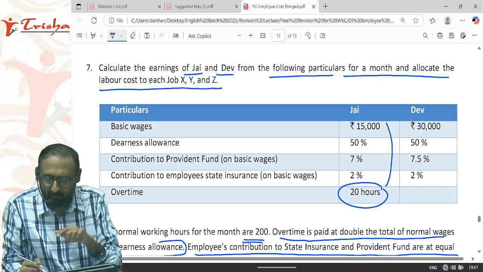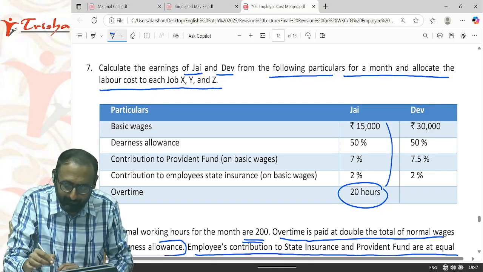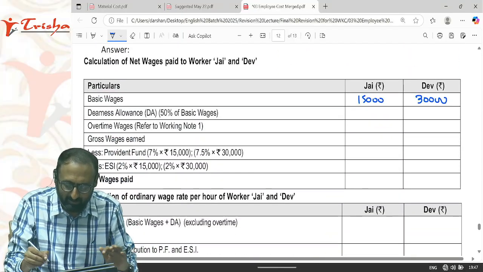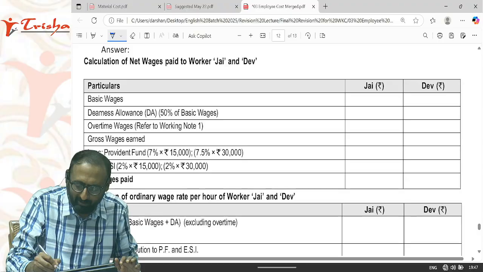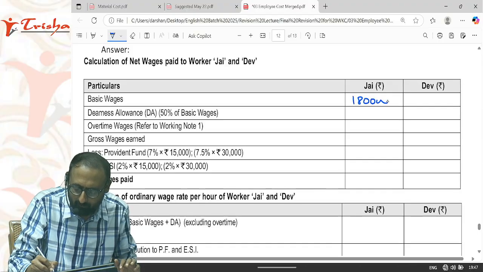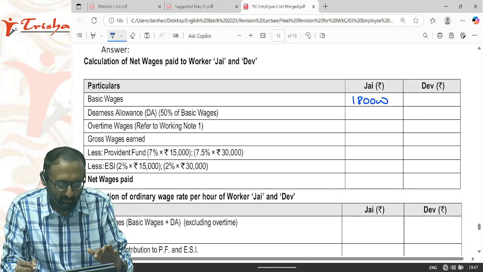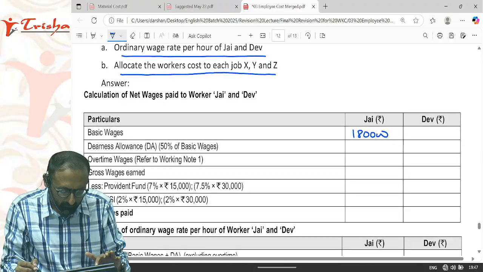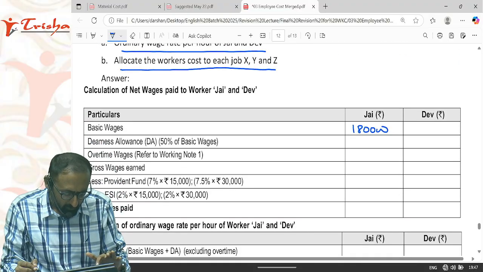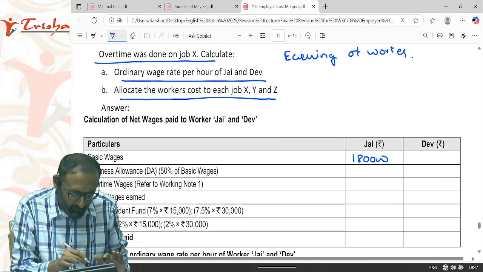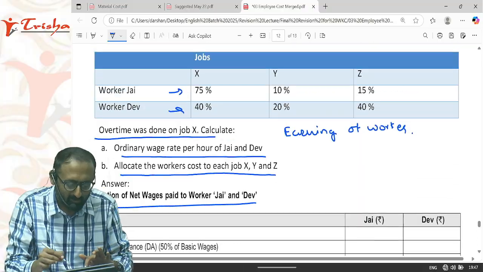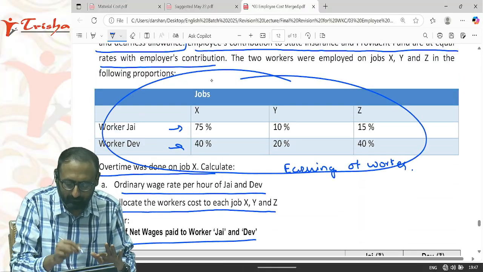Okay, this is per month data. So annual would be 15,000 into 12, 1,80,000. But monthly calculation is required, sir, because this data is given for the month.